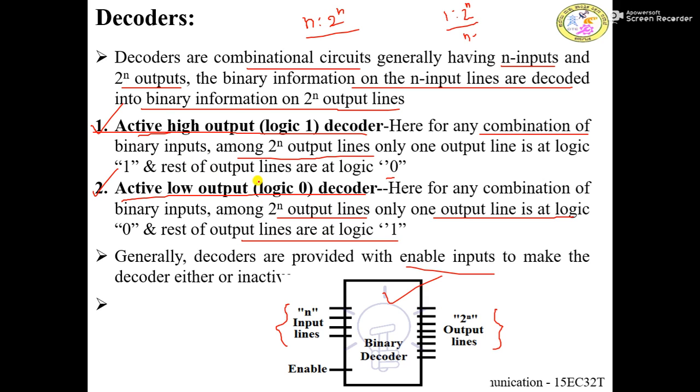Generally, while discussing further, we consider it as an active high decoder, meaning whichever line is activated is considered as 1, and all the rest of the output lines will be 0 only, or active low only.